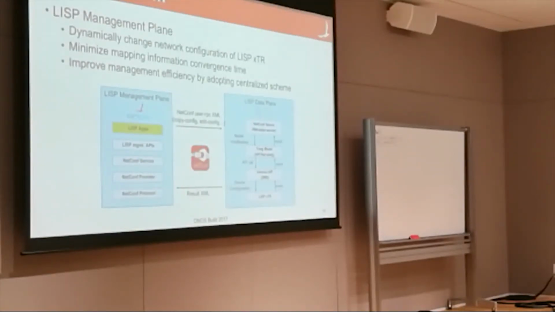We are trying to implement this part, and as far as I know, OOR is the only open source that supports LISP measurement interfaces. So we try to manage OOR using ONOS through this measurement plane. This work is currently a work in progress.